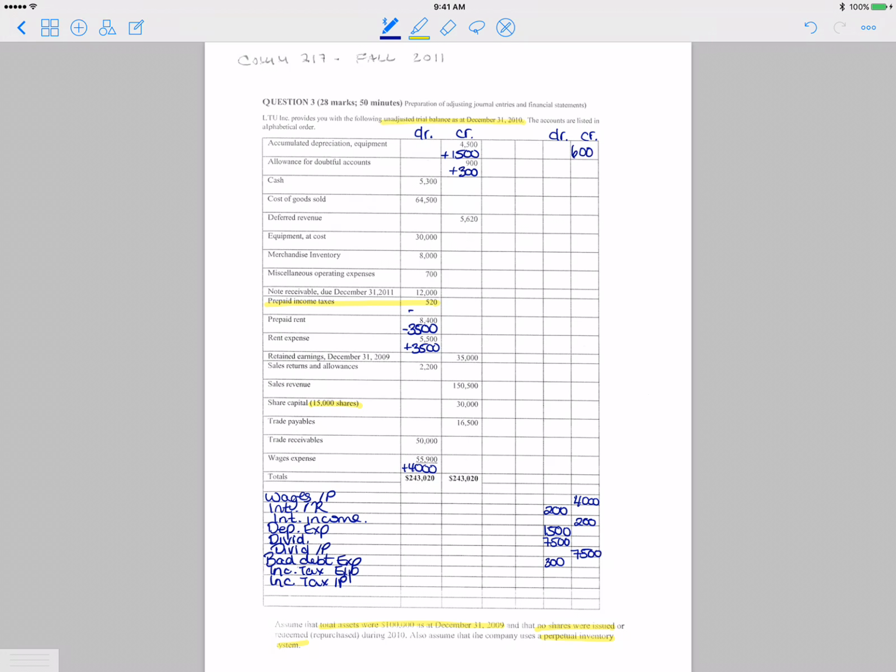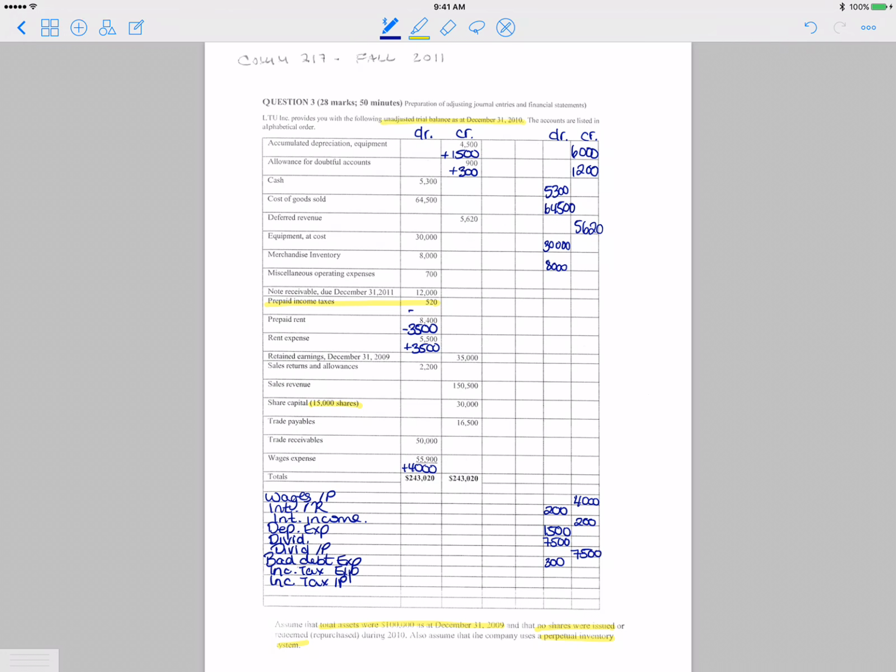So that's 6,000, 100. All I'm simply doing here is, if there was no adjustment, rewriting it just so that I have all of my accounts clearly listed here.